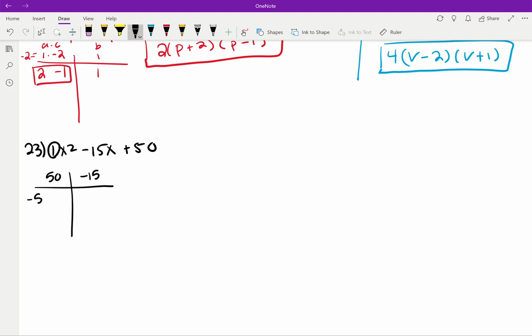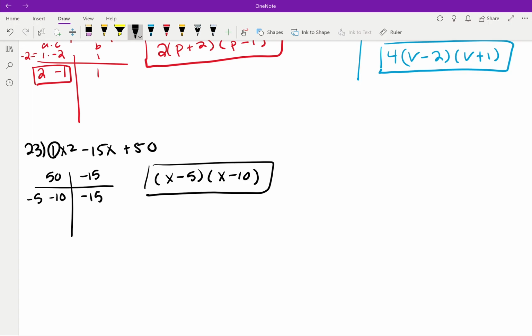That would be negative 5 times negative 10. Because a negative times a negative gives us a positive 50, and negative 5 plus negative 10 is negative 15. So my answer is x minus 5, x minus 10, and since I did not have a GCF, this is my answer.